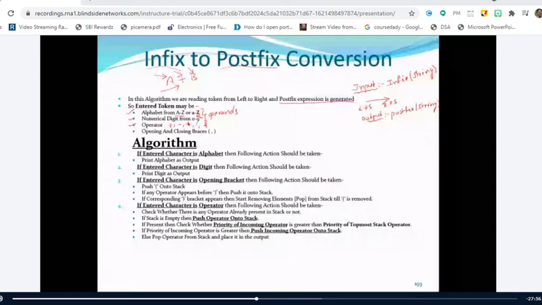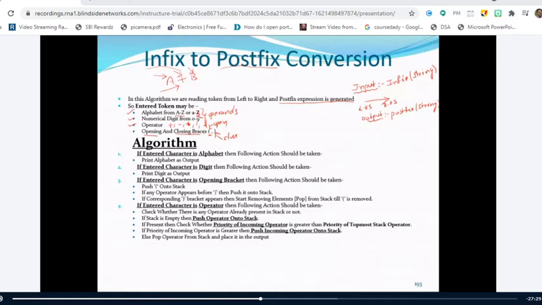Other than these operands and operators, you may also encounter the opening and closing braces. This one is the open brace, and this one is called the closing brace. So in an expression, you may come across operands, operators, and braces also.